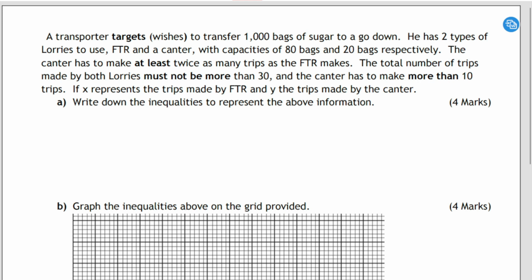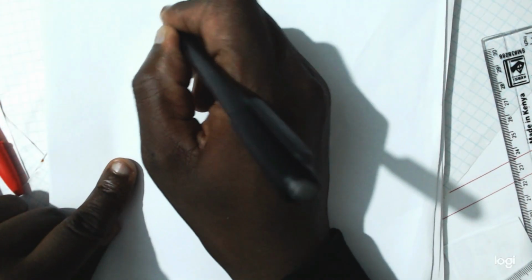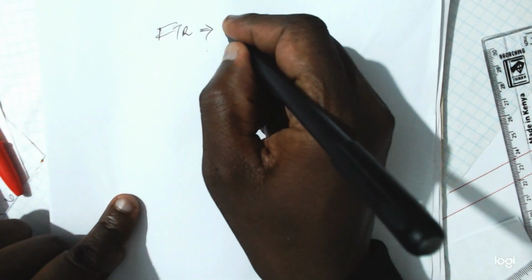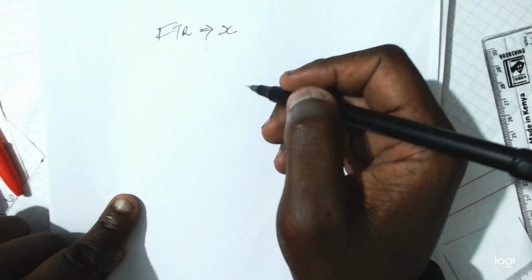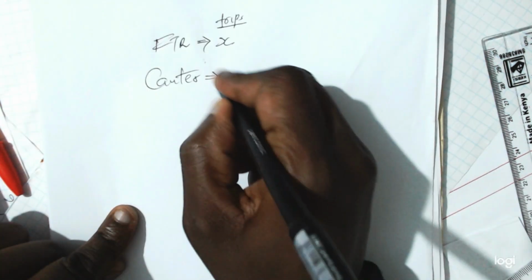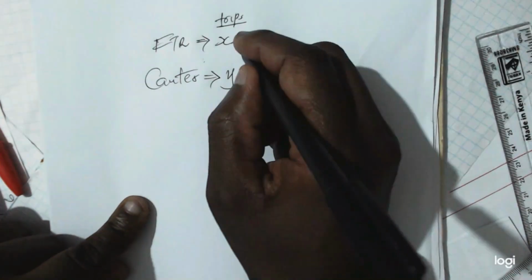X represents the trips made by the FTR, and Y the trips made by the canter. So the FTR makes X number of trips, and the canter makes Y trips. That is the first thing to identify.